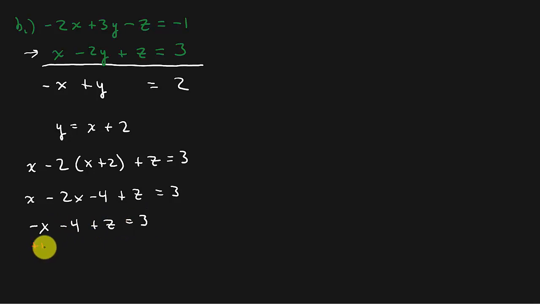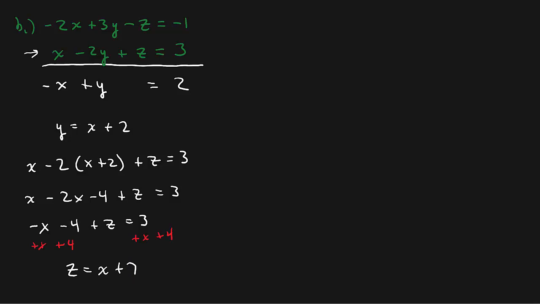And then I'll add x and add 4 to both sides. And that's going to give me z equals x plus 7. So I'm going to have a solution that's in terms of x.